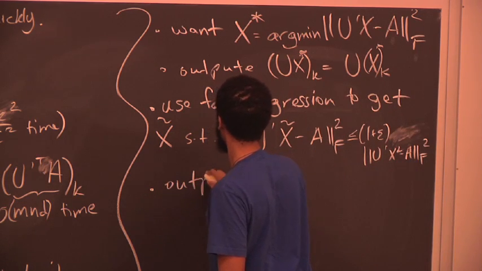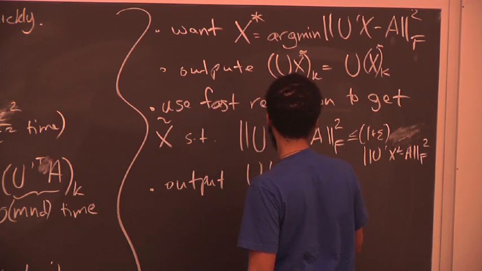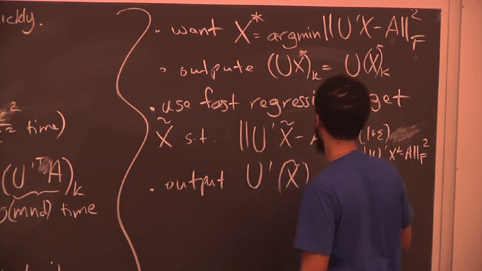And then we'll output U prime x tilde_k.